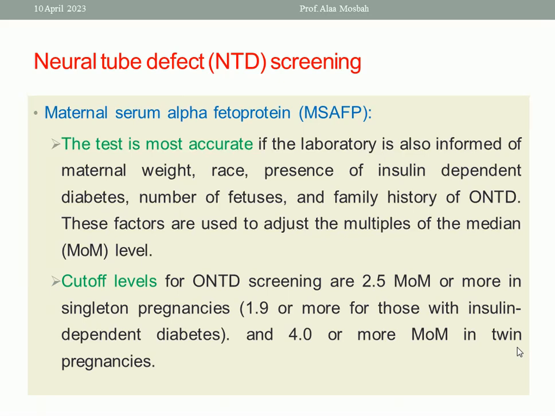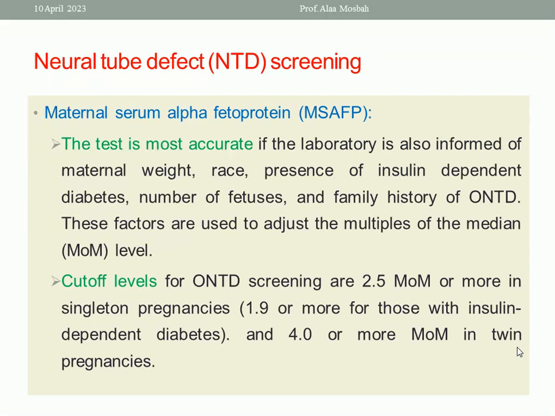And the cutoff level of maternal serum alpha fetoprotein for open neural tube defect is 2.5 MoM or more in singleton pregnancy, 1.9 or more for insulin-dependent diabetes, and 4 or more MoM in twin pregnancy. So the cutoff in singleton pregnancy is not like that of twin pregnancy.